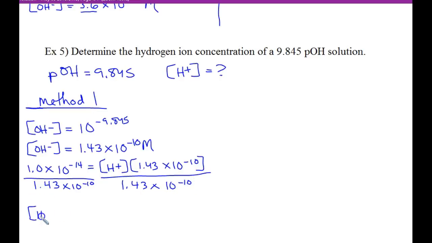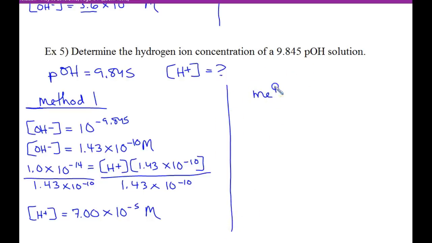And that will give us our answer. And looking up here, we had 3 decimal places, so that means our hydrogen ion concentration should have 3 sig figs. So we get 7.00 times 10 to the negative 5 molar.